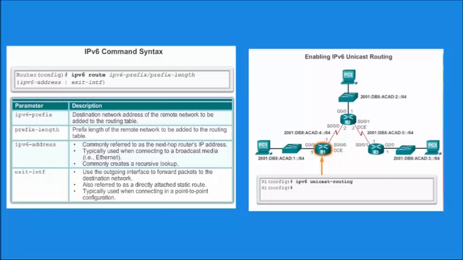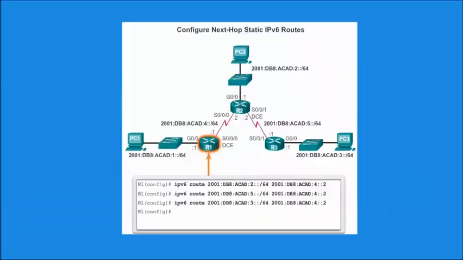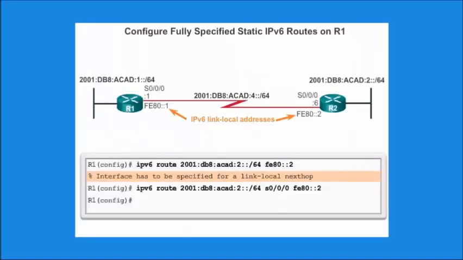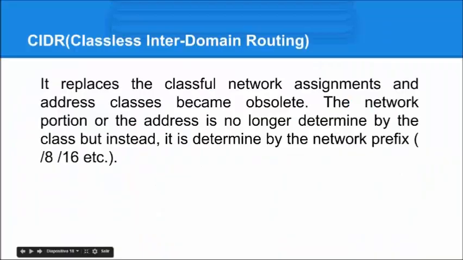Also, we need the next hop IPv6 address and exit interface. Depending on the type of destination we configure, we also have next hop static IPv6 routes, directly connected static IPv6 routes, and fully specified static IPv6 routes.